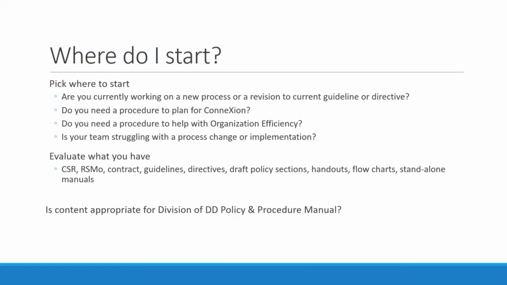And then also think about this is internal guidance. This is not to dictate external compliance. So once I've figured out what I want to do, I evaluate what I have. Is it something that actually belongs in the manual because it's internal guidance that we need to further clarify direction for? Okay.